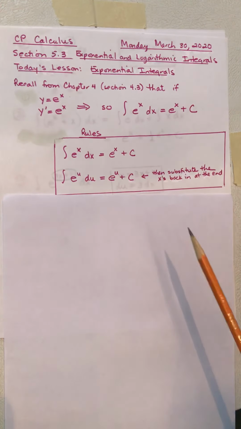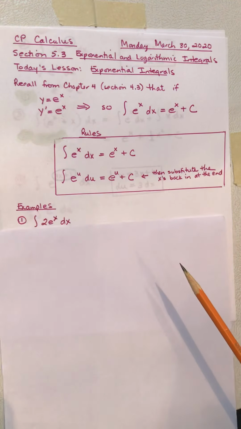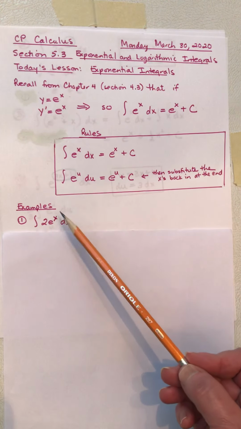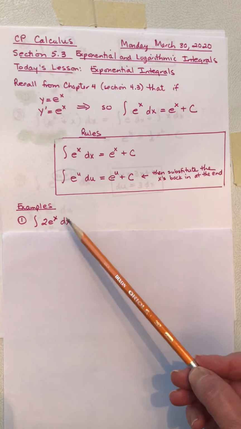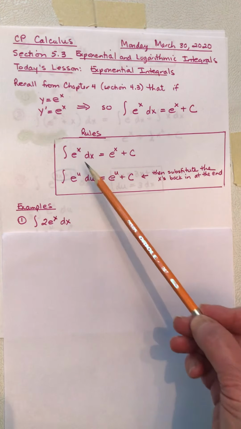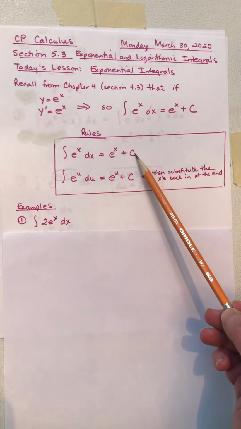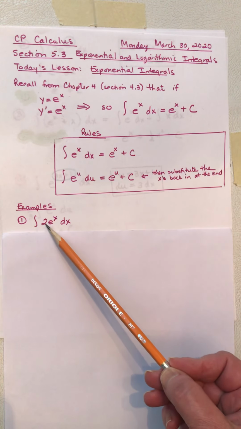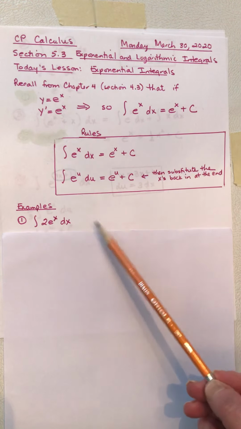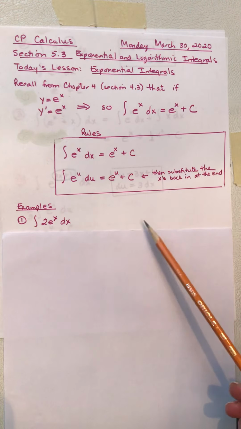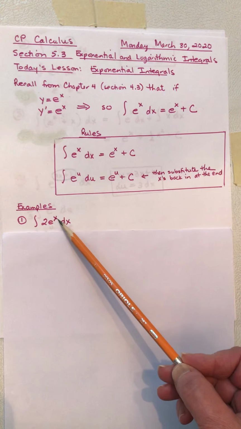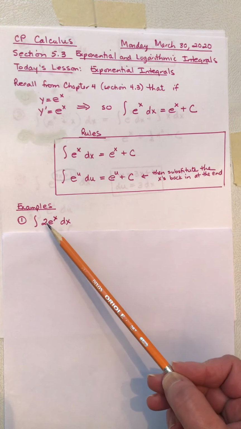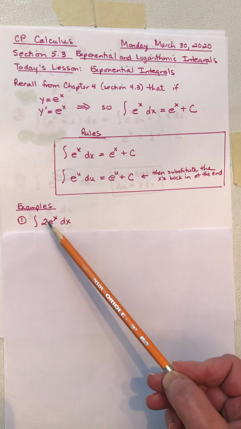All right, let's try a few of these. So our first example is the integral of 2e to the x dx. Now, that's like the original rule we have here, but we have a 2 in the problem. Now, we can't get rid of that 2. It didn't show up in a du. We don't need a u/du substitution in this problem because this is just an x, this exponent. And 2 we can't get rid of. So 2 is just a coefficient.